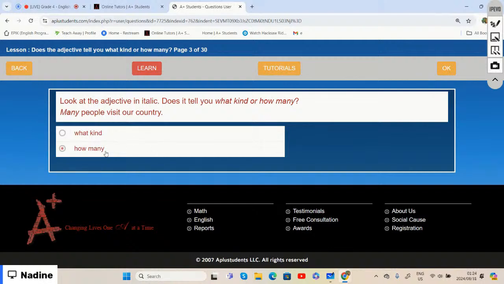We can say it is how many because they are specifically putting emphasis on many people visiting our country.